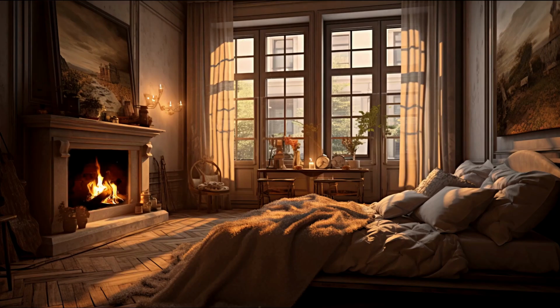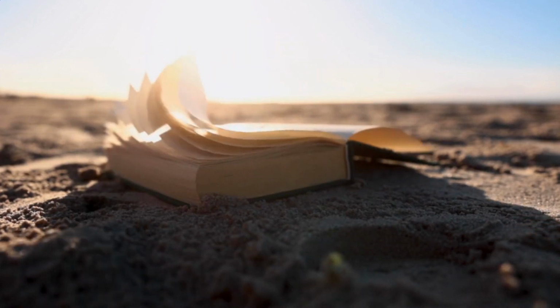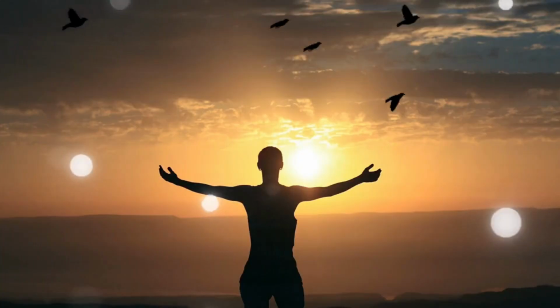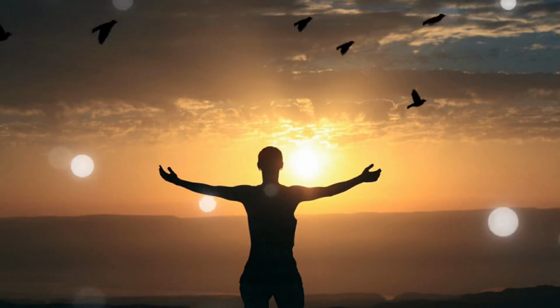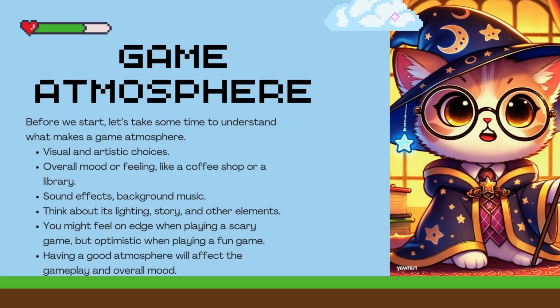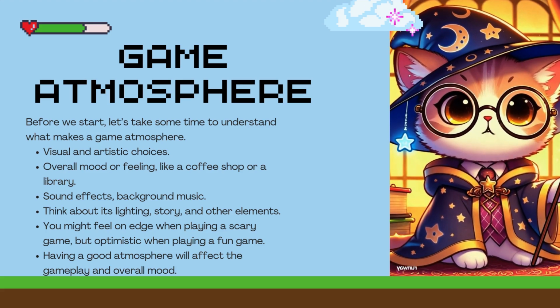Think about its lighting, story, and other elements. You might feel on edge when playing a scary game, but optimistic when playing a fun game. Having a good atmosphere will affect the gameplay and overall mood.